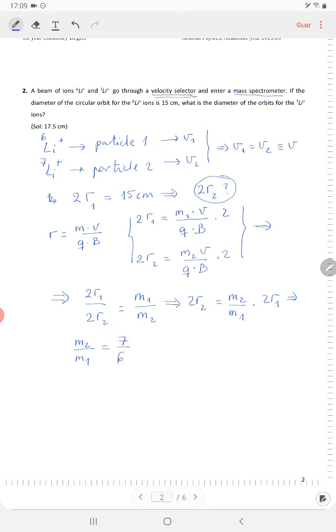Now you just have to multiply by the 15 centimeters, so twice the radius of the second one is going to be 7/6 times 15 centimeters, which gives that the diameter for the second one is 17.5 centimeters.